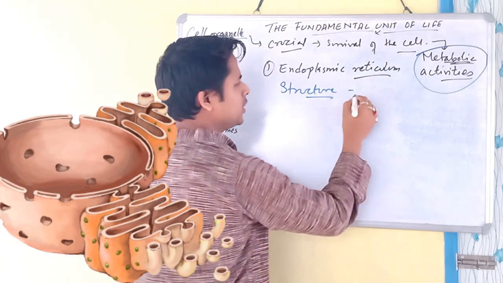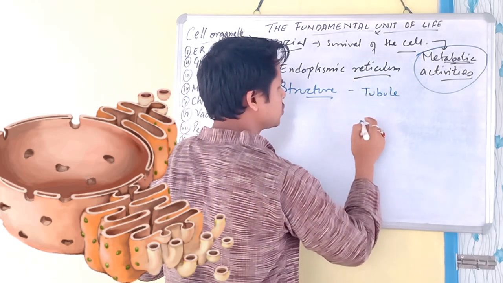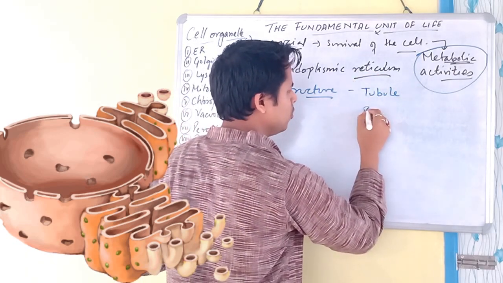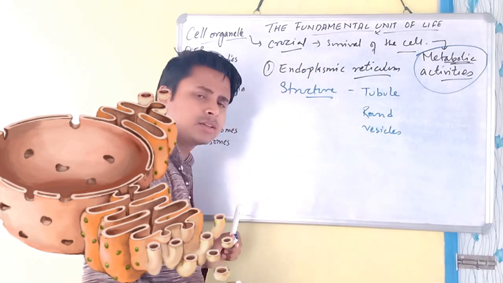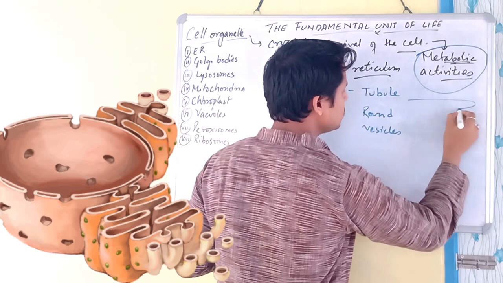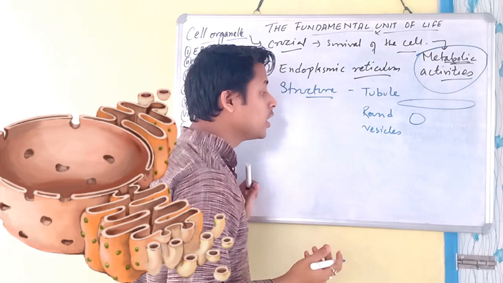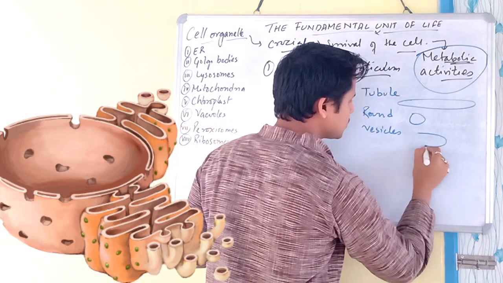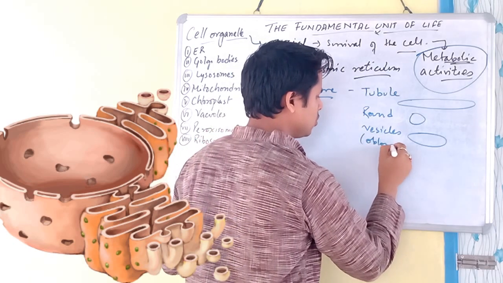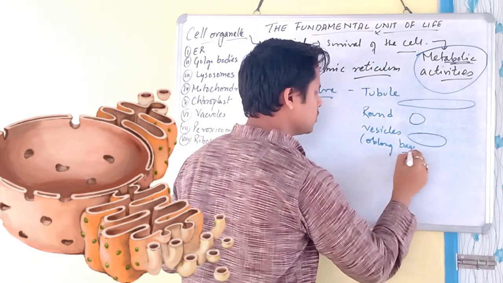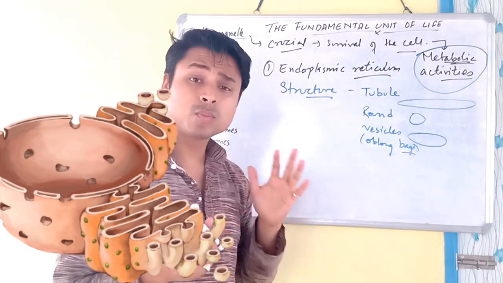Considering the structure, it is generally found in three structural forms: tubules, round, and vesicles. How do tubules look? Tubules are like tubes. Round is simple round. Vesicles look like oblong bags. So generally these three structures we find of the endoplasmic reticulum.